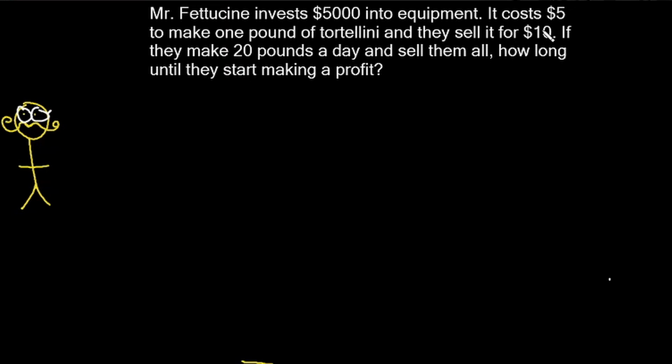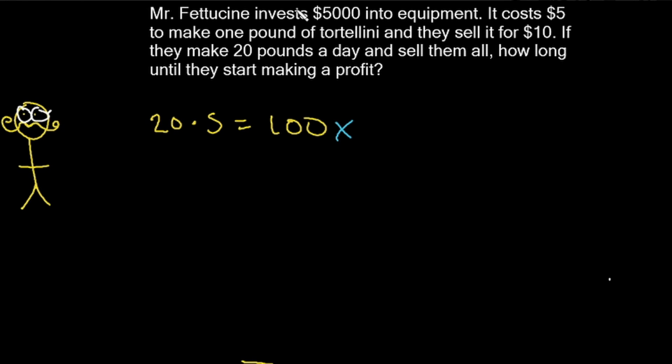So if it costs $5 to make it and they are making 20 a day, then each day they are spending 20 times $5 a day, which is $100. And let's use X for days.